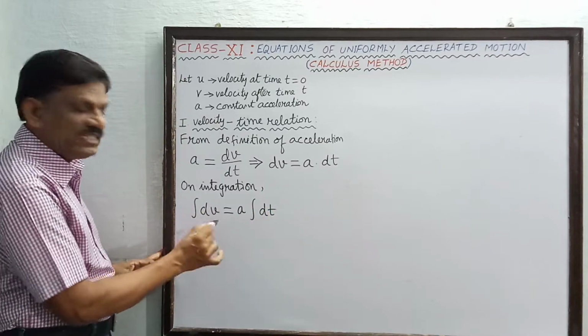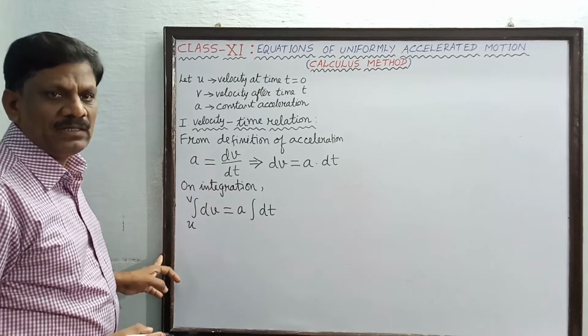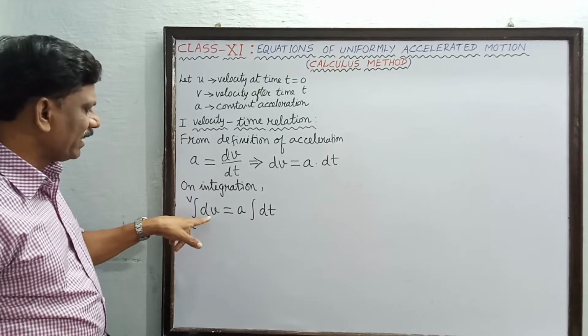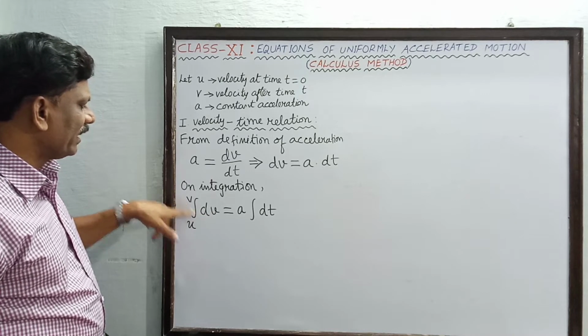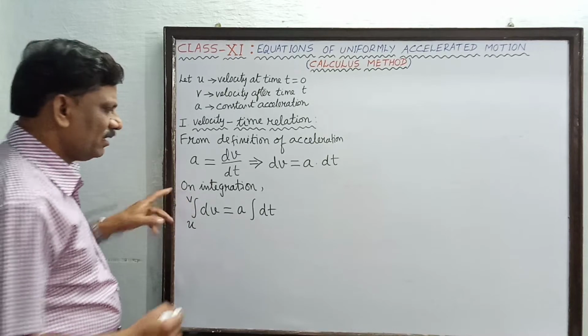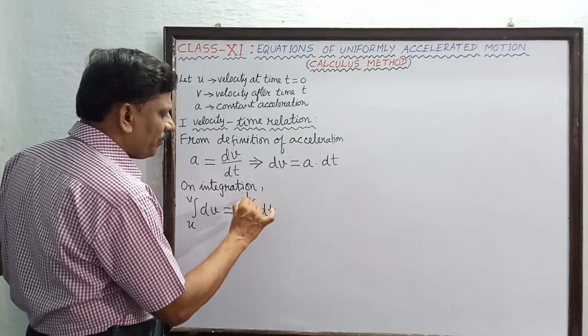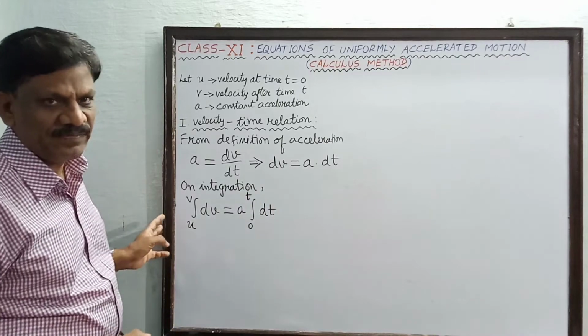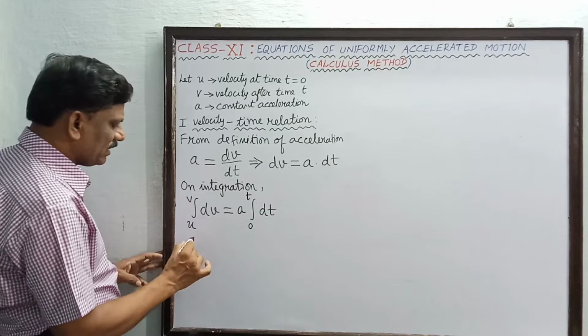The velocity changes from initial value u to a final value v. So what is the lower limit of the integral? That is u, and the upper limit of the integral on the left hand side is v. Similarly, the time lower limit is 0, the upper limit is t seconds. So this is the integral on both sides.